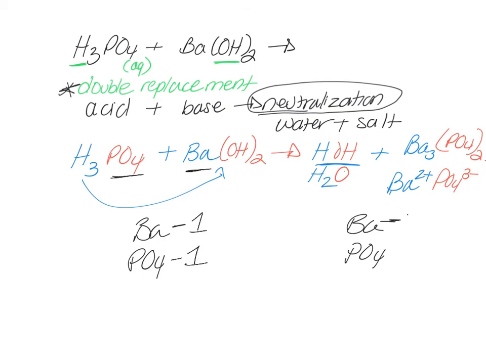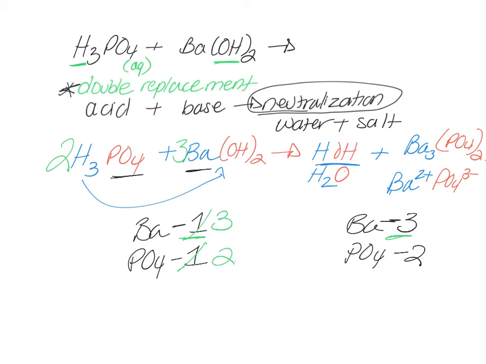And over here I have 3 and I have 2 phosphate groups. Okay, so let's try and just get that stuff to balance. So let's go first with the phosphate. So if I need to have 2 of them, I'm going to put a 2 in front of here. Okay, and then let's get the bariums to balance out. So I need 3, so I'm going to put a 3 in front of here.